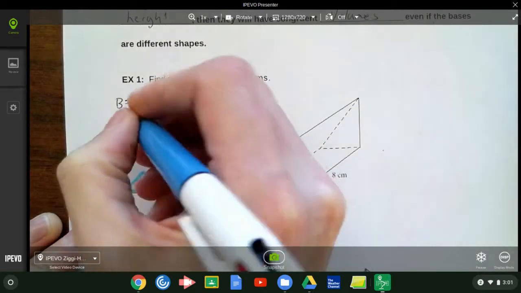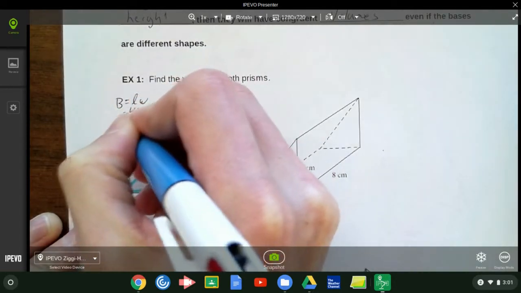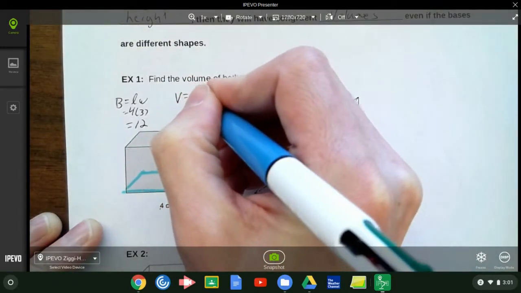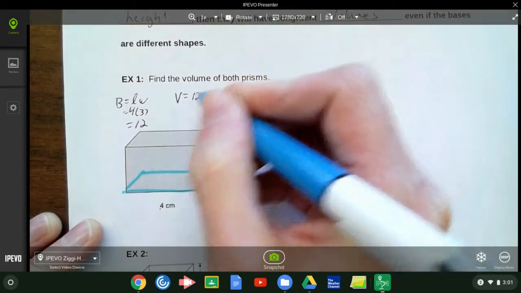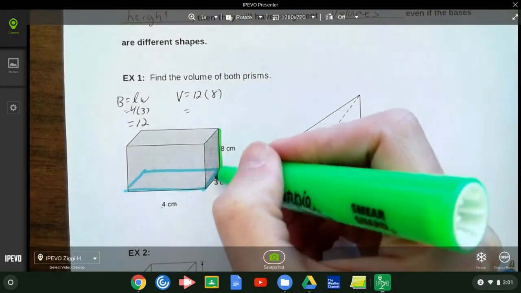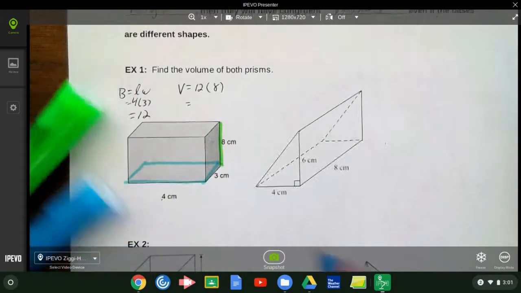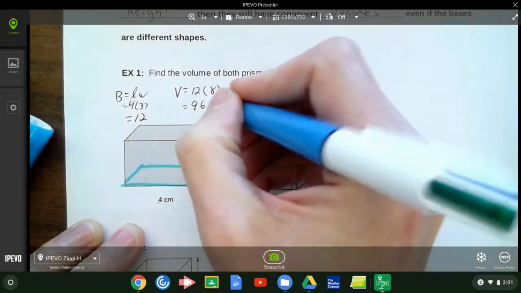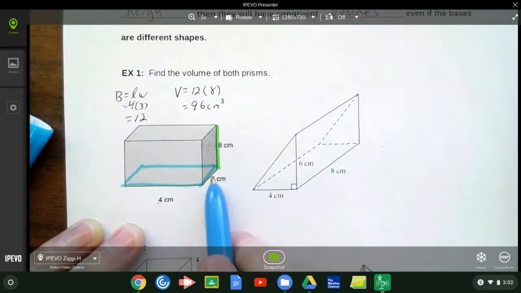So that's 4 times 3. So that gives me 12. Okay? Which means the volume is 12 times 8, because my height of this figure is a height of 8. And 12 times 8 is 96. So there's the volume of this piece.